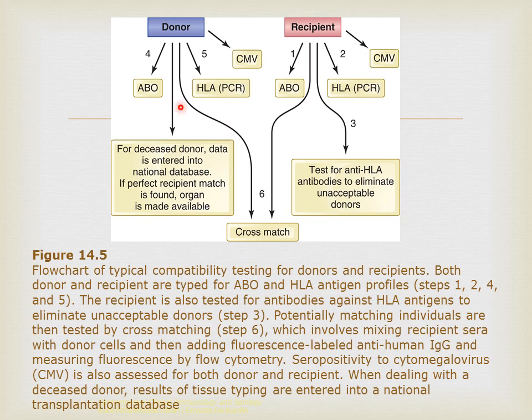In the case of a donor who's deceased and the family has donated the organs, the ABO, HLA, and CMV results go into the national database to try to find a recipient that would be compatible.